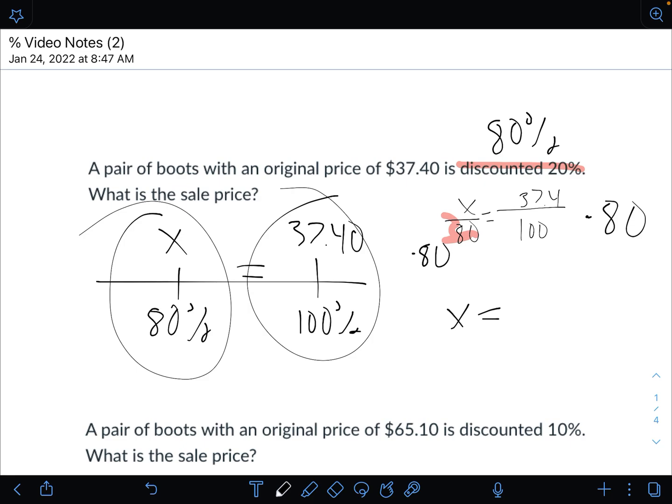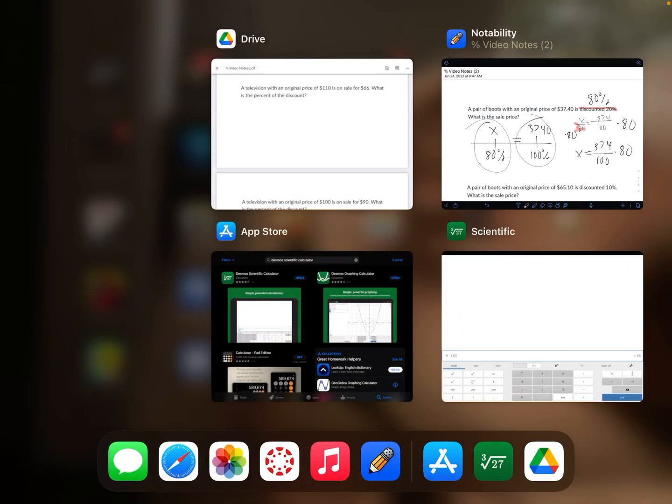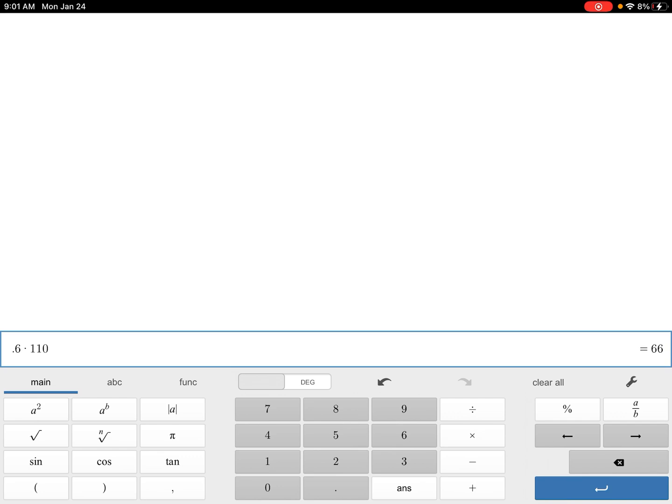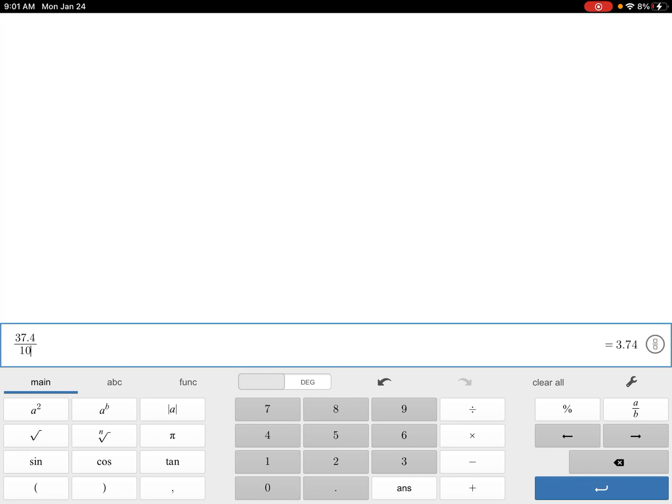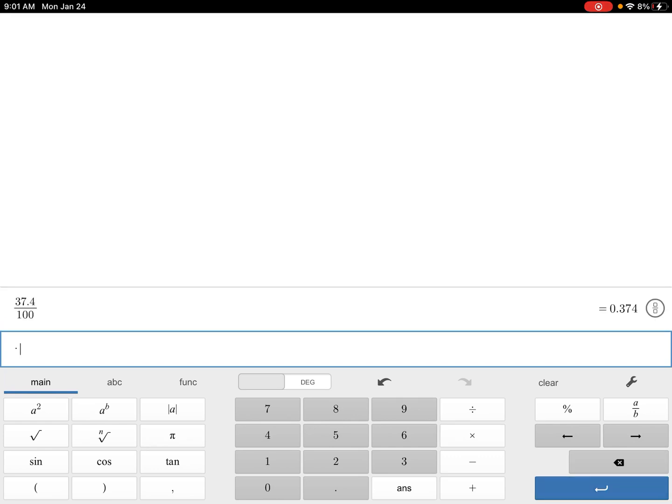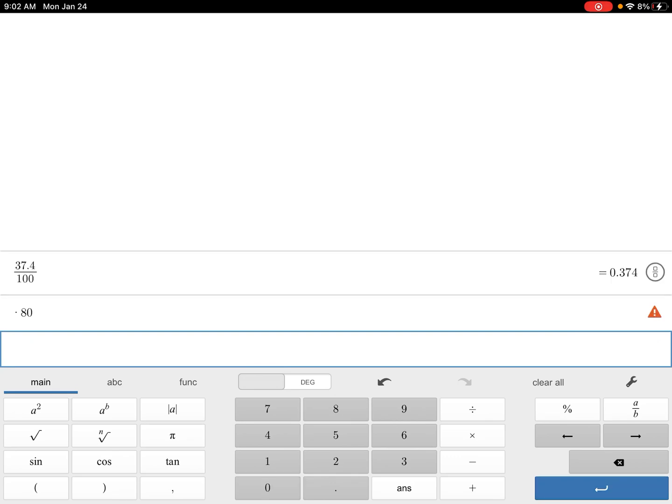So now you can use your calculator and do 37.4 divided by 100 times 80. And when you use your awesome Desmos calculator, do I have it up here? Yep. 37.4, right? Divided by 100, times 80.